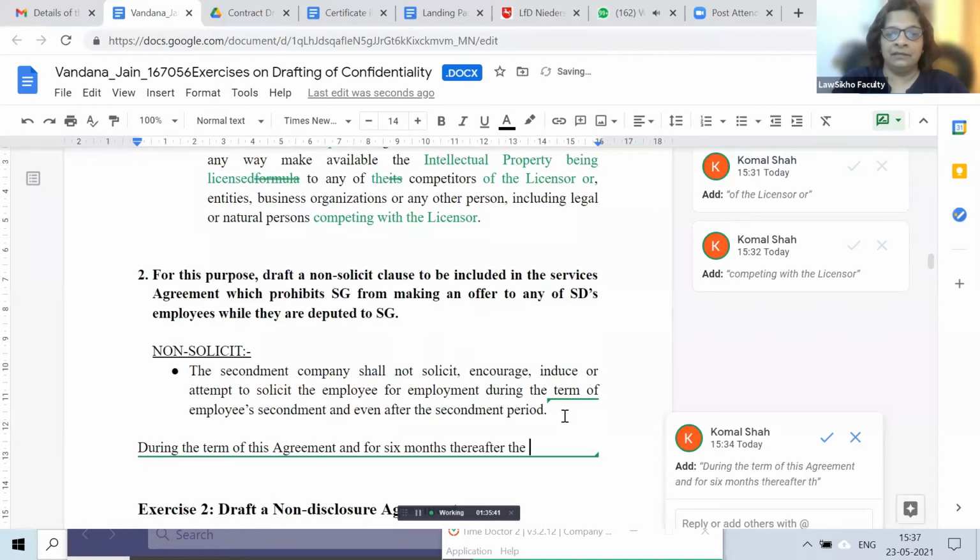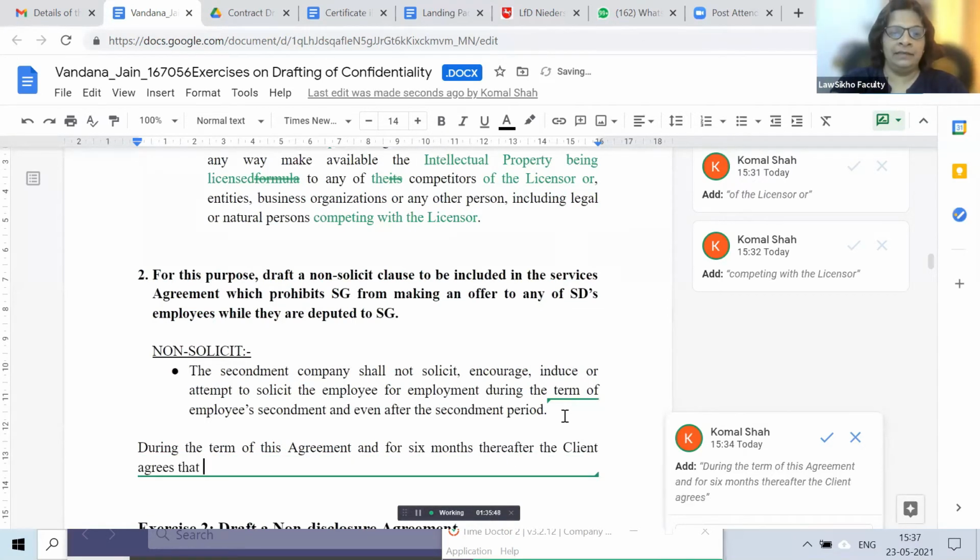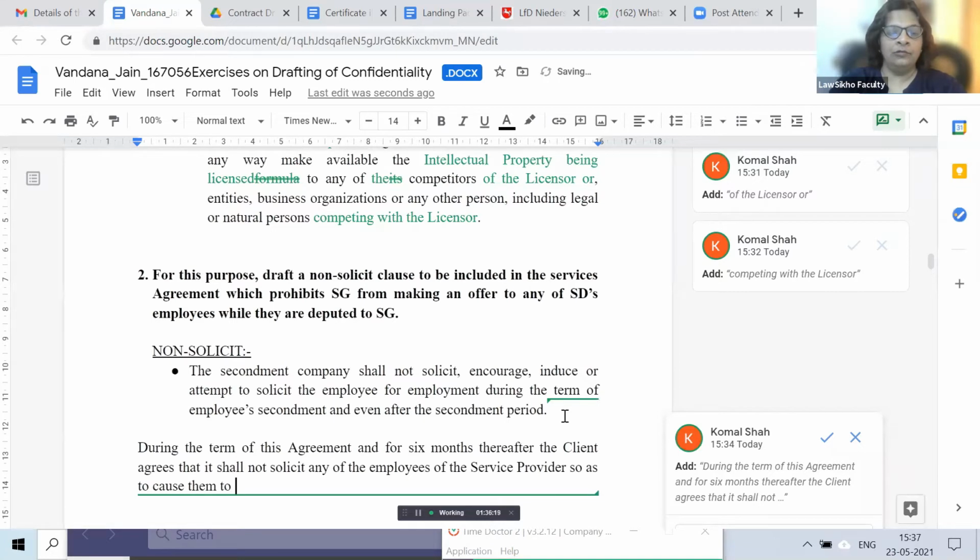the client agrees that it shall not solicit any of the employees of the service provider so as to cause them to cease their employment with the service provider.